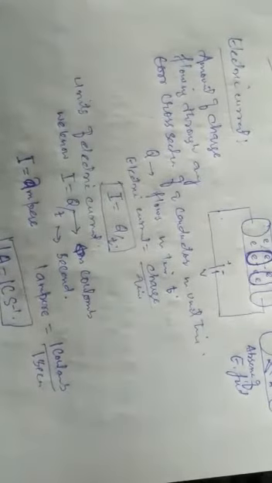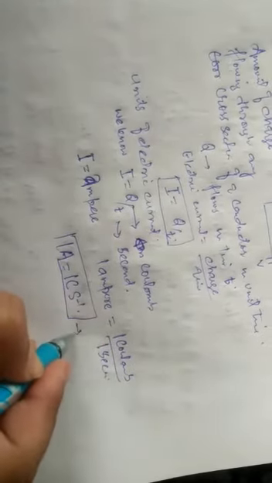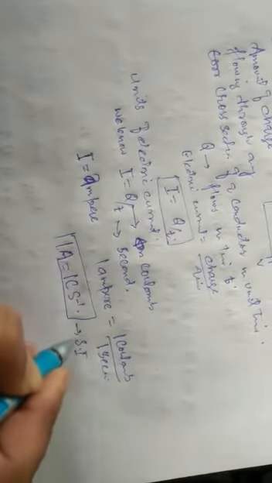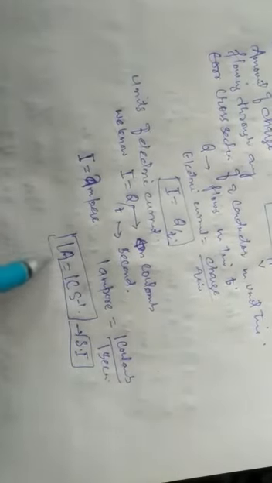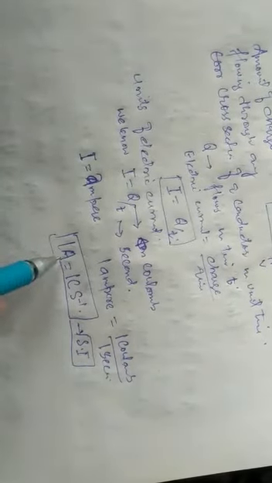This is the unit of electric current. What is the unit of electric current? The SI unit, standard international unit, which is used everywhere, is coulomb per second, which is called ampere.